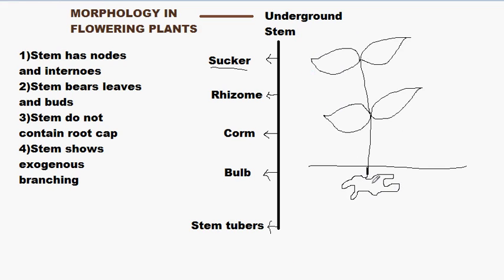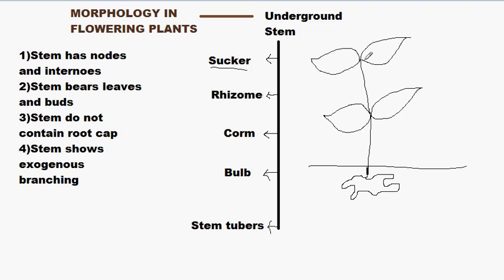The interesting thing is that the plant which grows over this stem is not perennial, it is annual, means it will die in 1 year. But the stem which has developed underground is perennial, so it can live for many years, 10 to 15 years you can say.